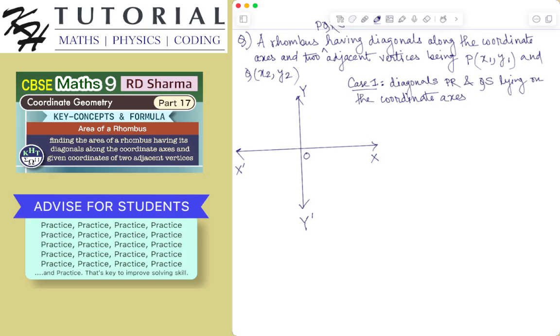So the rhombus will look something like this. So this is point P. Let's say this is Q. This is R, and this is S. So the rhombus is PQRS.